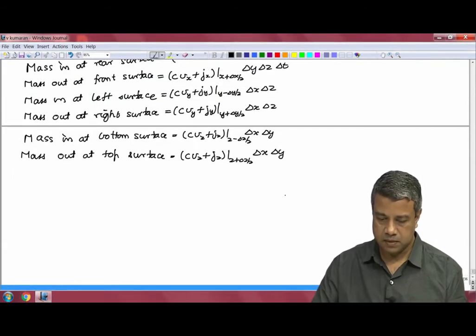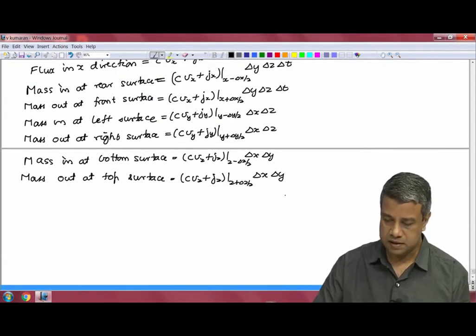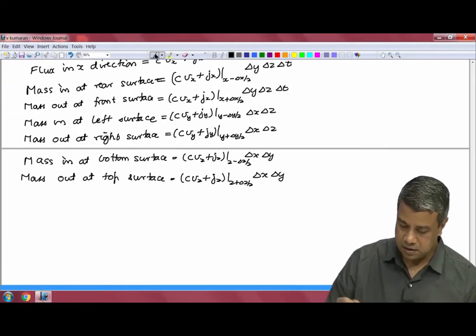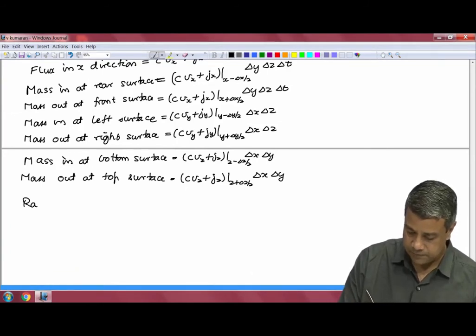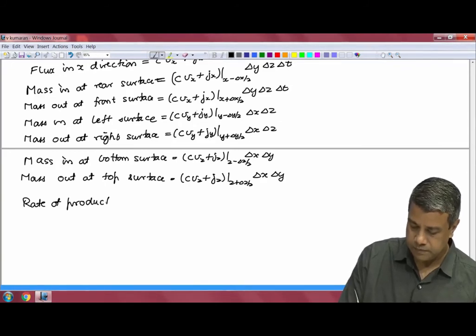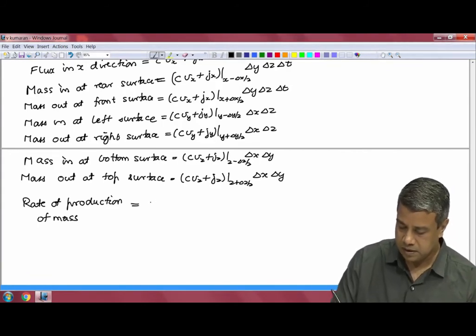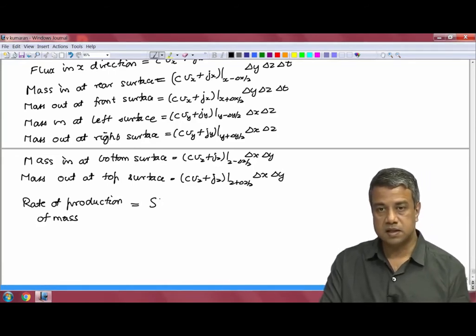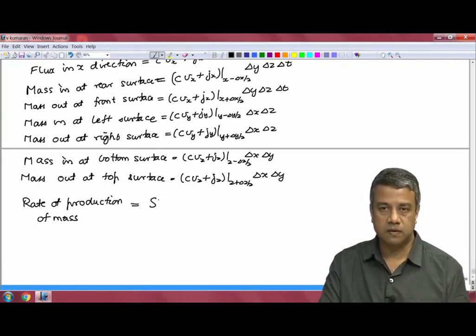So, those are the masses that are entering and leaving at the 6 faces, and the rate of production of mass can be written as S times volume times time, where S is the rate of production per unit volume per unit time.